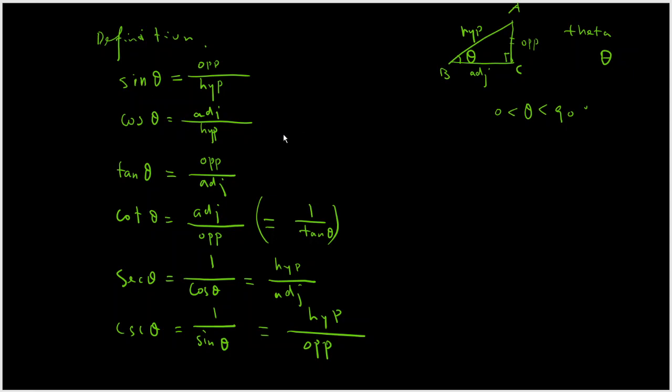I will write the definition on the next screen. After this, we are going to compute some trig values. So don't worry, it's simple stuff. So now let theta be any angle.